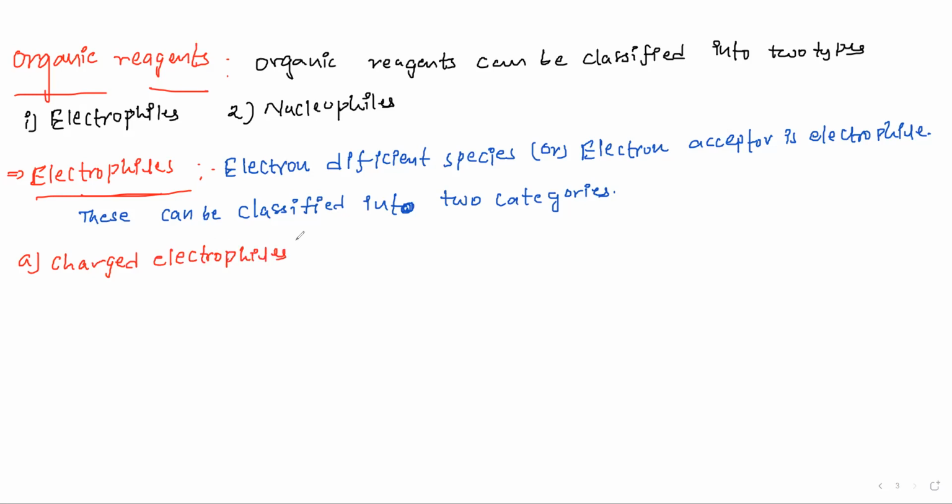Actually, electrophiles are classified into two types. One is charged electrophiles, which are nothing but positively charged species. Okay, charged electrophiles are positively charged.